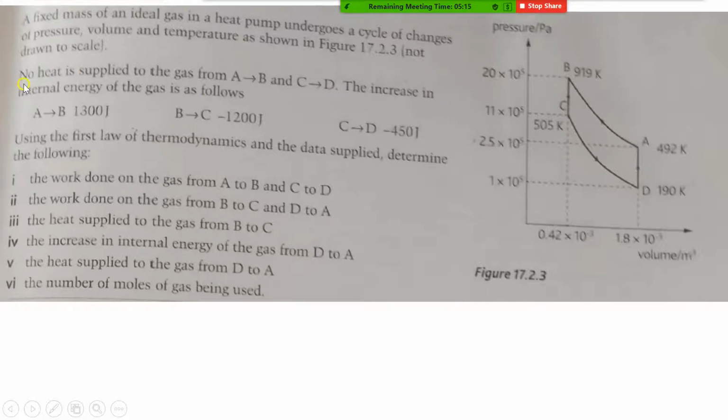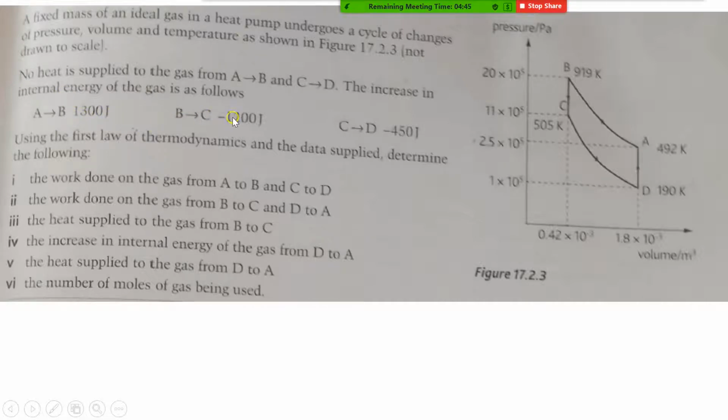It says that no heat is supplied to the gas from A to B and from C to B. It says here that the increase in the internal energy of the gas is as shown. So from A to B, my internal energy is going to be 1,300 joules.